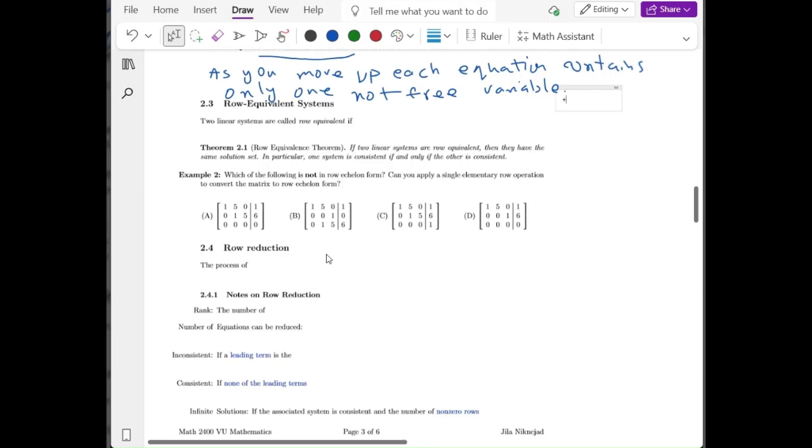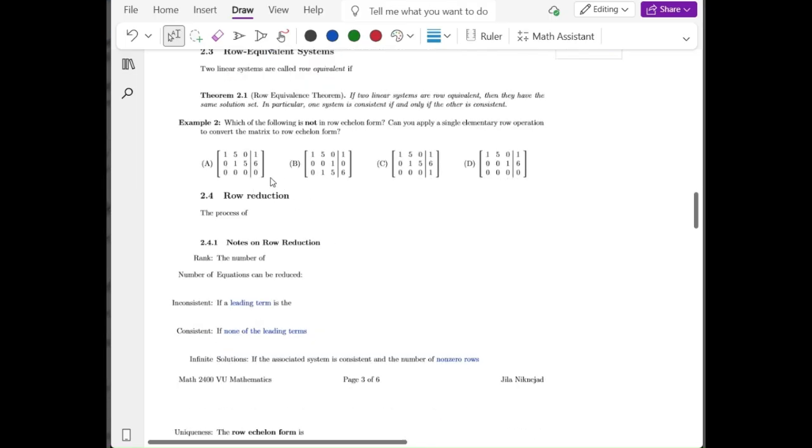I'm looking at these and I notice over here, the third row's leading one is to the left of the leading one in the row before it. And so this is the one. This has an easy fix: I can swap row 2 and row 3.